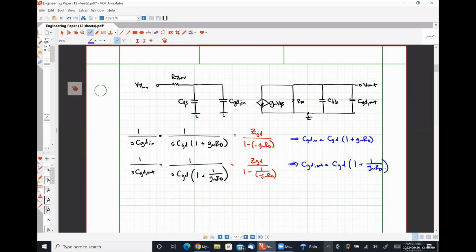Because it's 1 plus 1 over something that tends to be kind of large. So an amplified version of that capacitance gets moved to the input, and something very close to the capacitance by itself appears at the output term. Does that seem okay there?